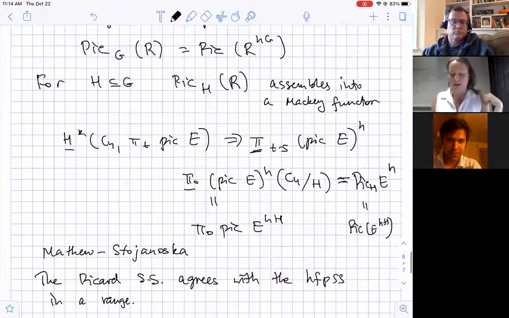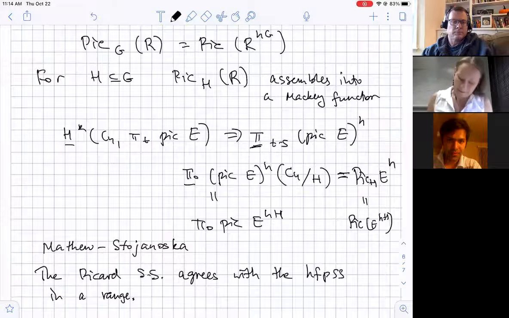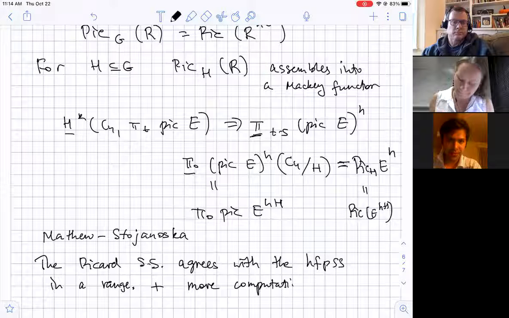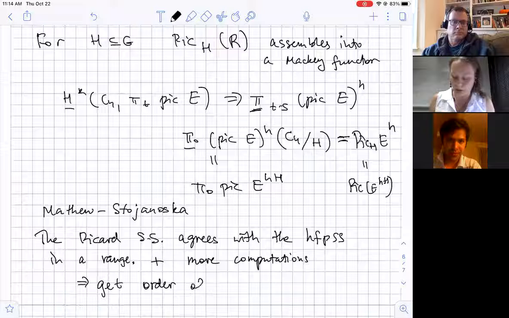And that turns out to be the range that computes most of what we want. And then they give other tools to do more computations. And what we get in the end, I will show a picture in a minute, is that the order of Pic E^hC4 is 64.